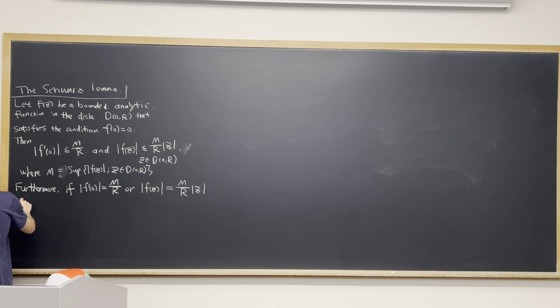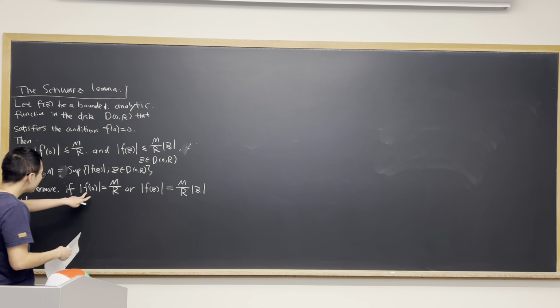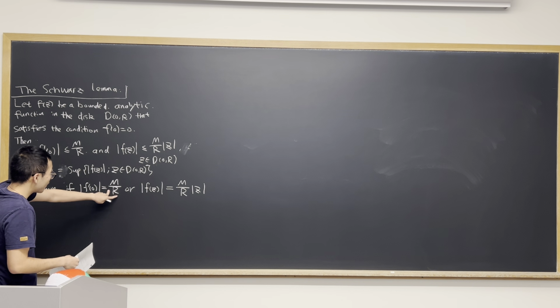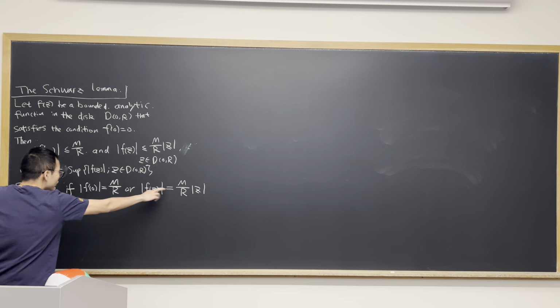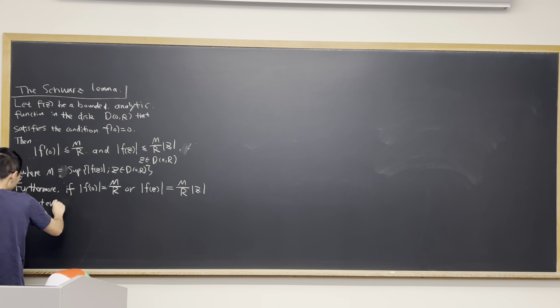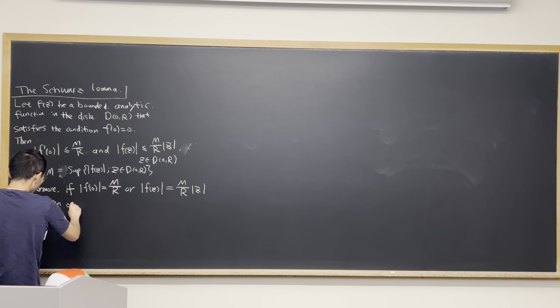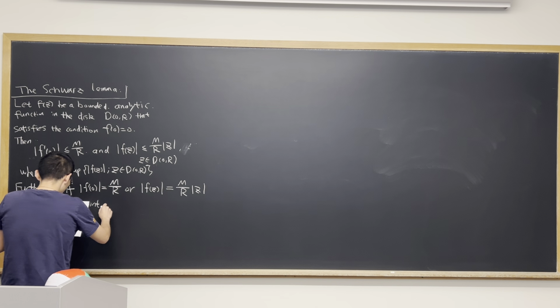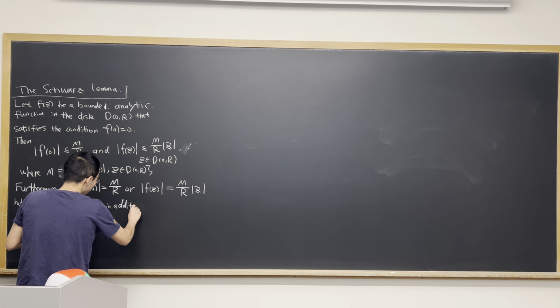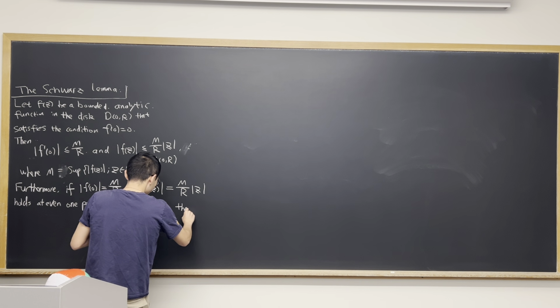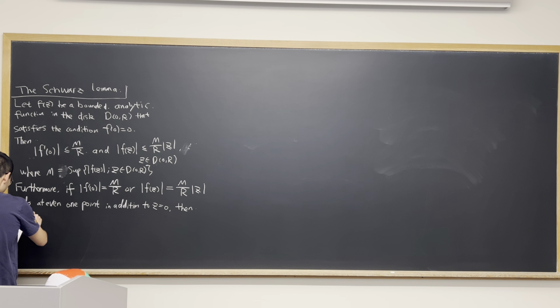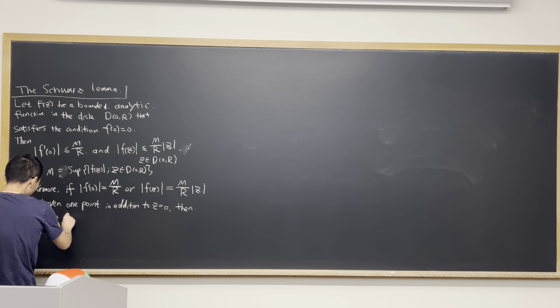or the modulus of f(z) is equal to M over R times the modulus of z, if this relation holds at even one point in addition to z equal to 0, then the function is a dilation.